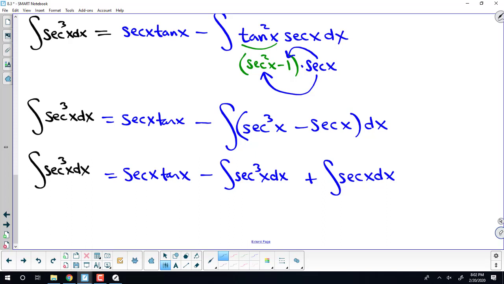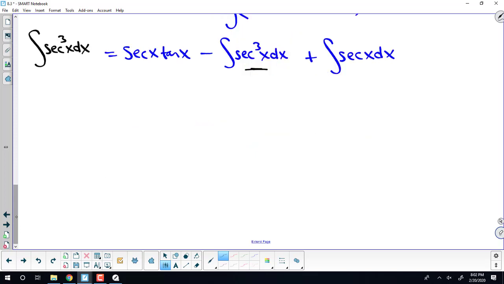And then we solve for secant cubed. We're going to add this to both sides. We now have two of these equaling secant times tangent plus, what's the antiderivative of secant?